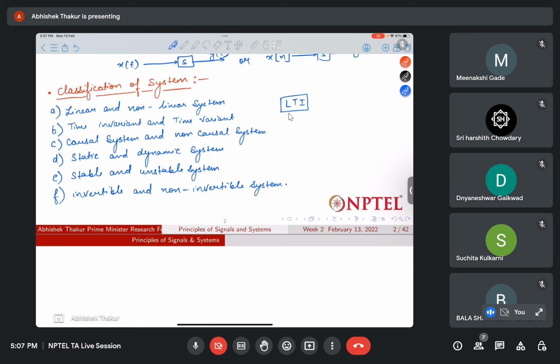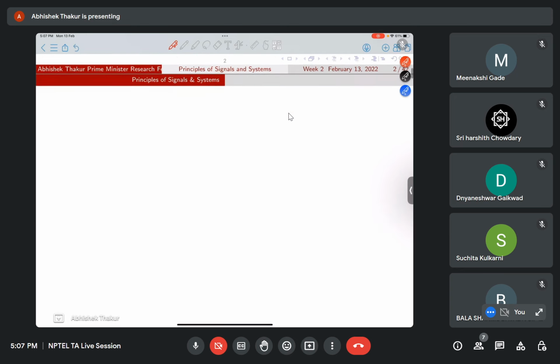First, today we will see linear and non-linear systems, and what the properties of these are. A system is said to be linear if it satisfies two properties.